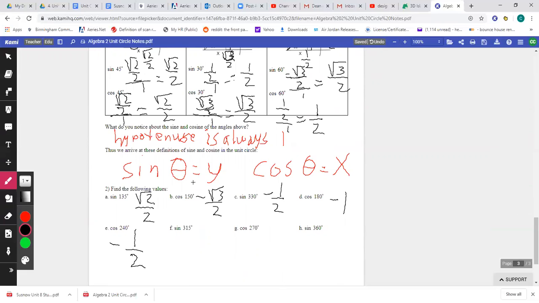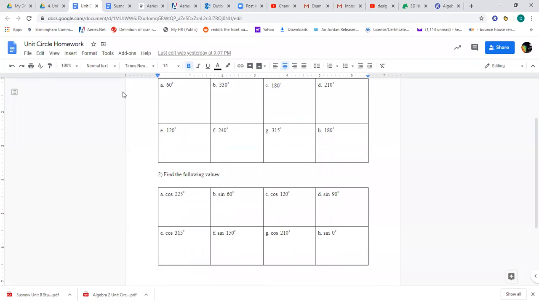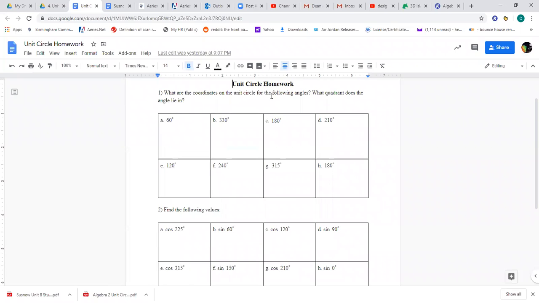Anyone have any questions before we go? By the way, everyone, I want to show you how easy the homework is today. Right here. Number 1, what are the coordinates for the following angles? We just did, you just find the angle, write the point, and then write the quadrant.